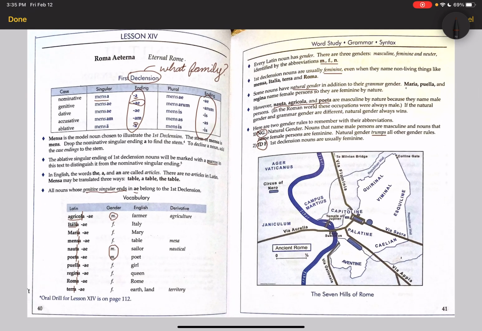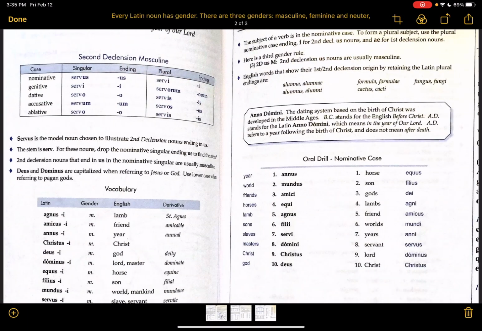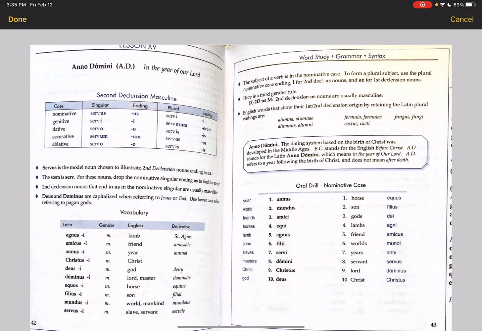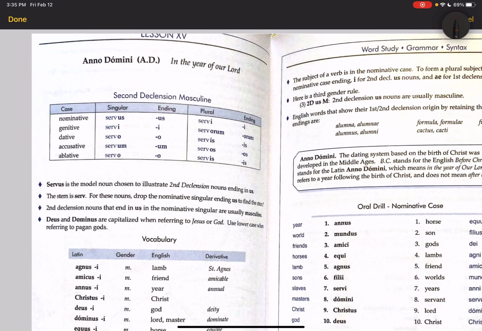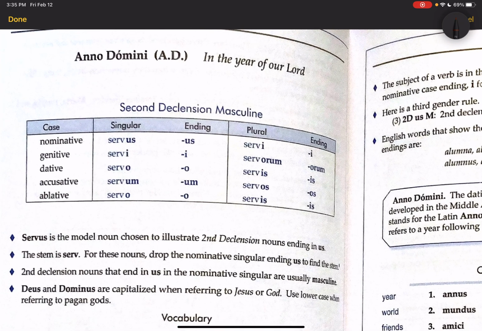All right, so let's go on to the next lesson now. This lesson is over the second declension, so the second family of nouns. Servus is the model noun chosen to illustrate the second declension. Its ending is us.